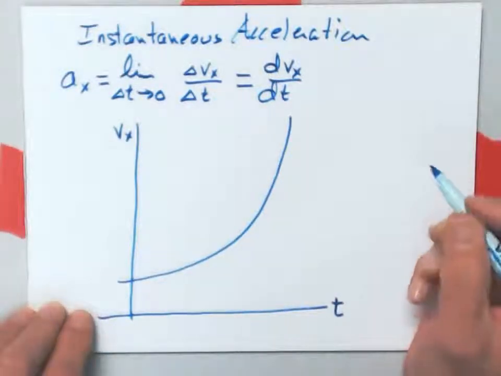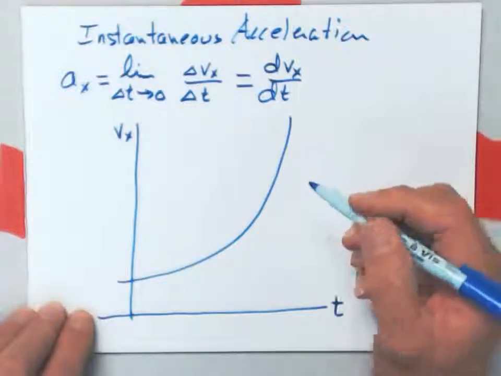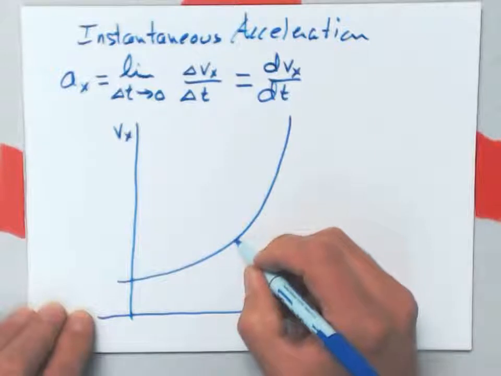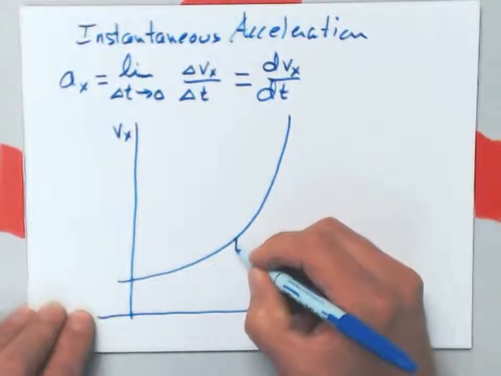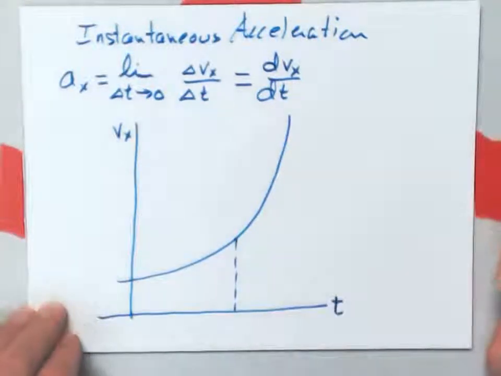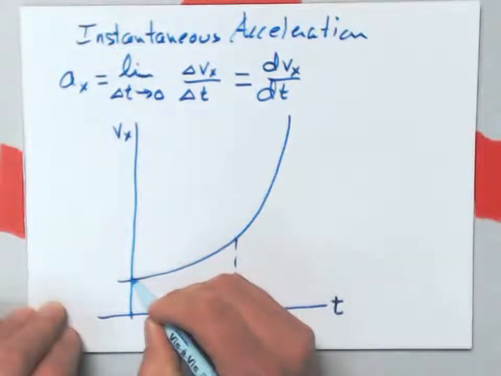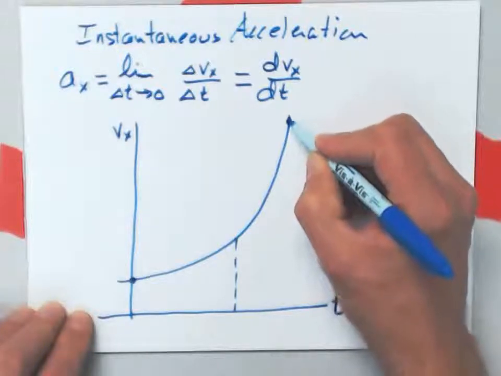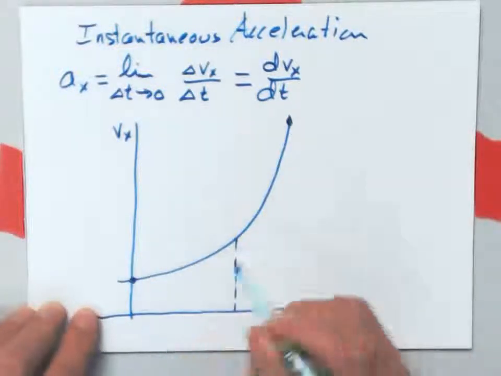And we would like to know what the acceleration happens to be at some instant. And let's suppose that this is the instant when we want to know what the acceleration is. Well, we could calculate the velocity here and the velocity here.